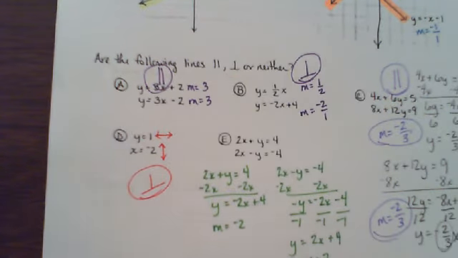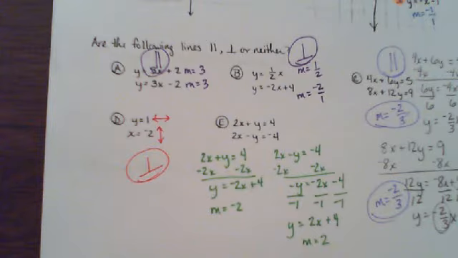Are they parallel, perpendicular, or neither? Well, they can't be parallel because they're not the exact same number. This one's -2 and that one's +2. That's not the same. There's a big difference. There's a $4 difference between owing somebody $2 and having $2. So they can't be parallel.